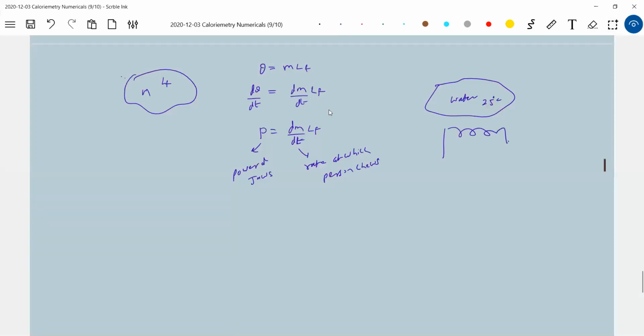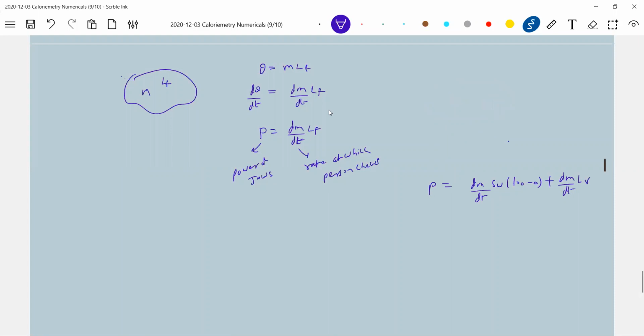Then again, it should vaporize it. So what should be the power? The power is dm by dt into specific heat into (100 minus 25) plus dm by dt into latent heat of vaporization. This is the steam. I'll draw the diagram so that you'll come to know what actually you're studying.